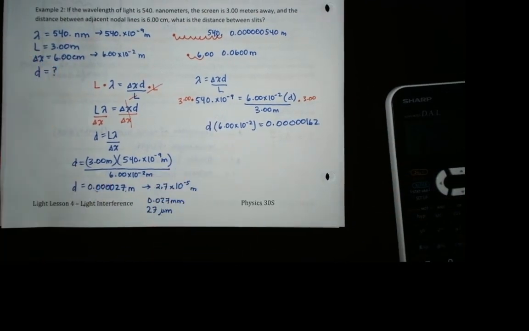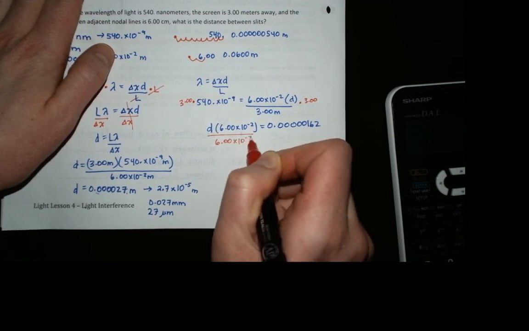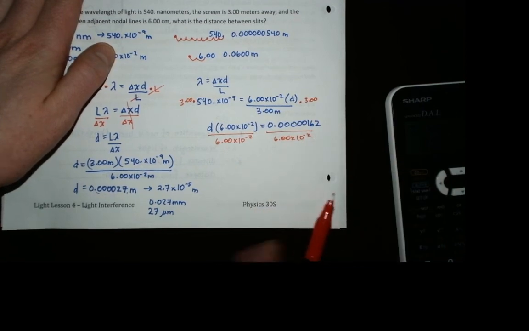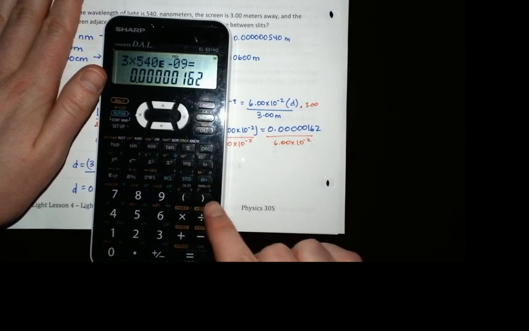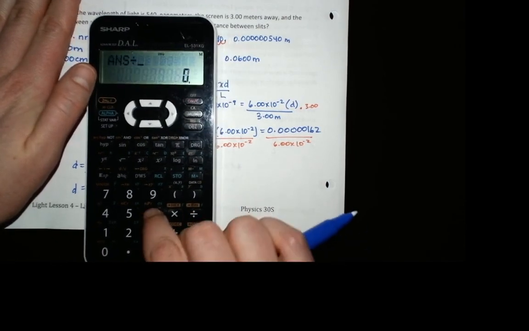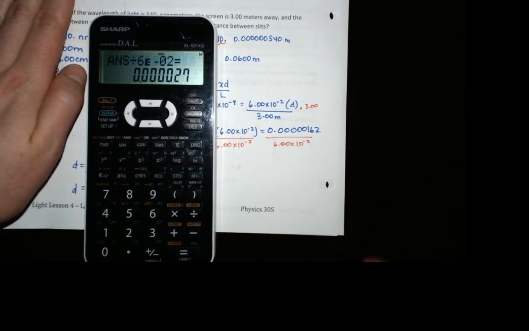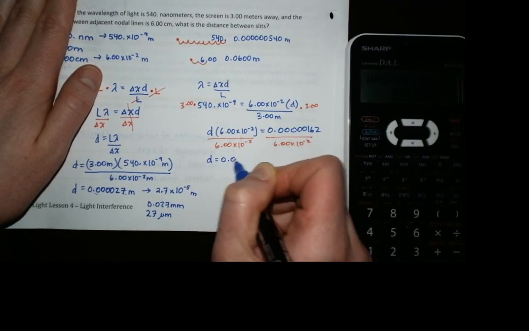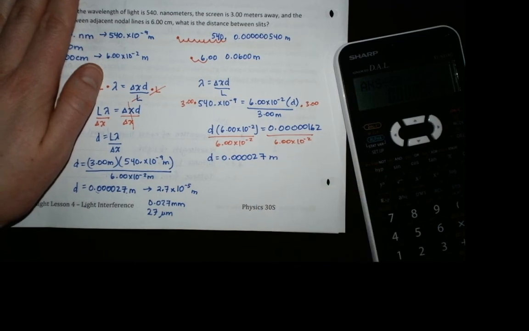From here, we still need to get D by itself, so you would divide both sides by 6 times 10 to the negative 2. I didn't clear my answer, I left it in there, so I can divide by 6 exponent negative 2. Hopefully we get the same answer. 4 zeros and then 27. Awesome. So we got to the same point.